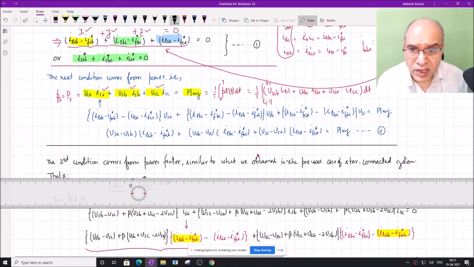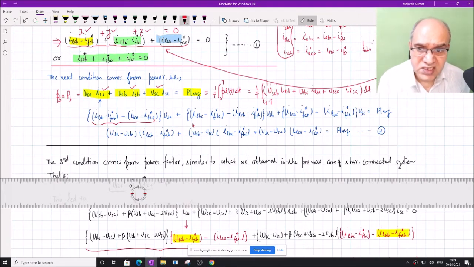So we substitute ISA. This whole thing is ISA after compensation, or ISA star if you want, you can say, because this is theoretical current, this is not actual current. Actual current will come after the compensation, after using the actual inverter. Okay, and this is ISB, this is ISC.